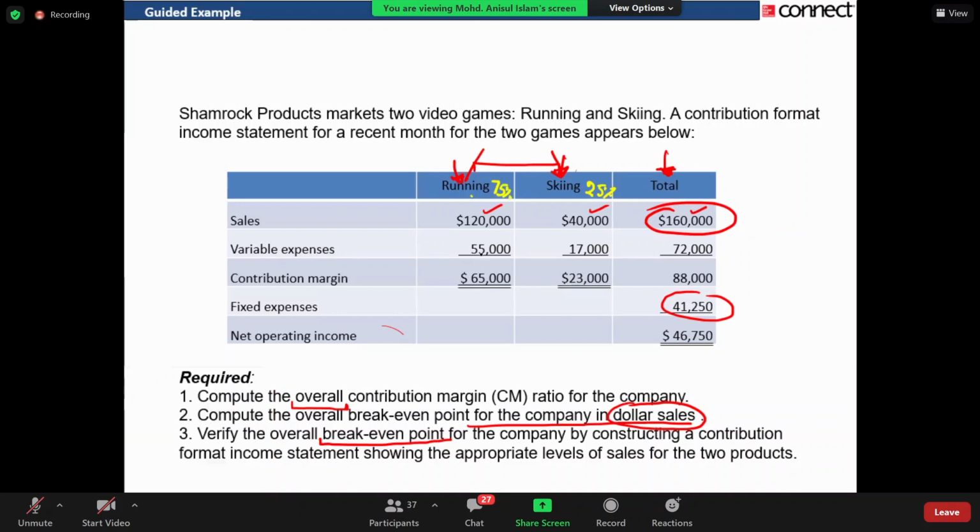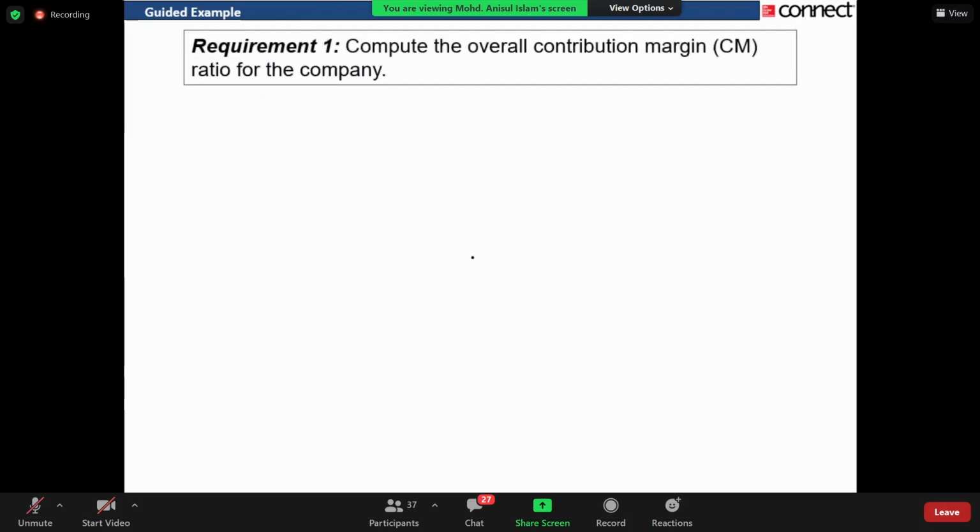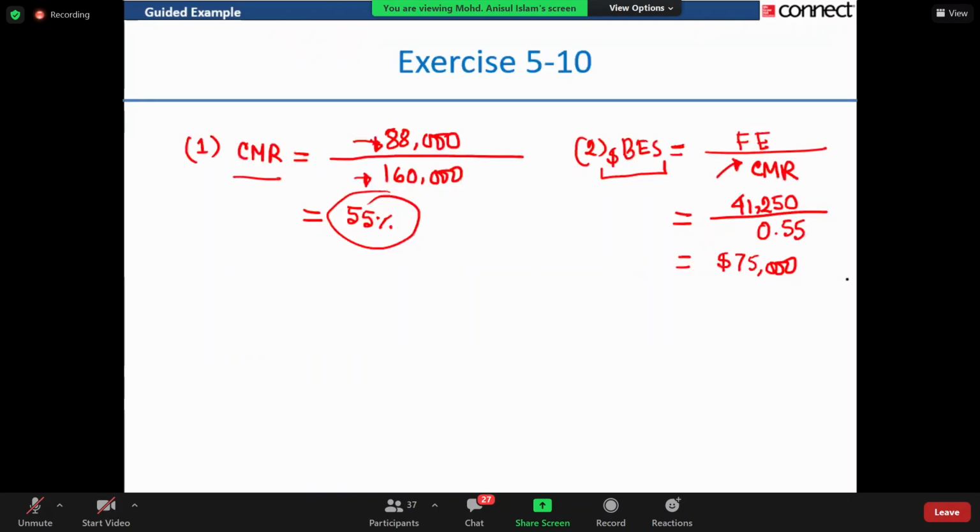Because we have to allocate this $75,000 sales to the 2 video games, one is running and another one is skiing, in terms of the 75% and 25% ratio.